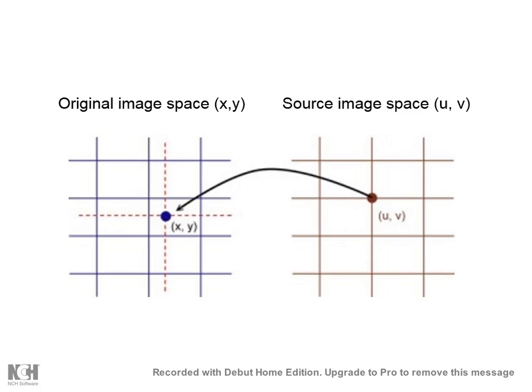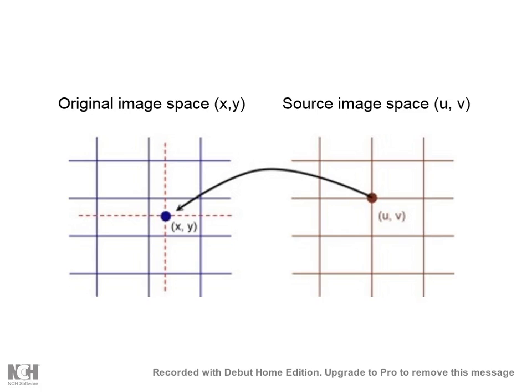For example, I want to scale the image into this one. It's called down-sampling, scaling from the original to our source. So it becomes smaller, right?